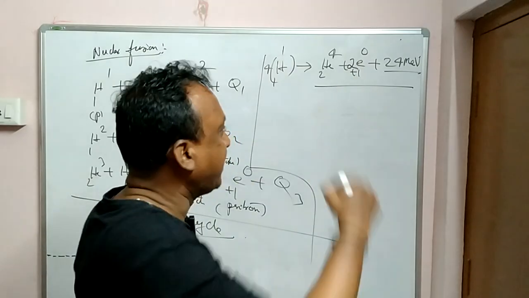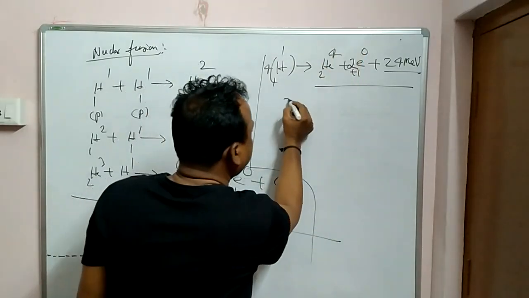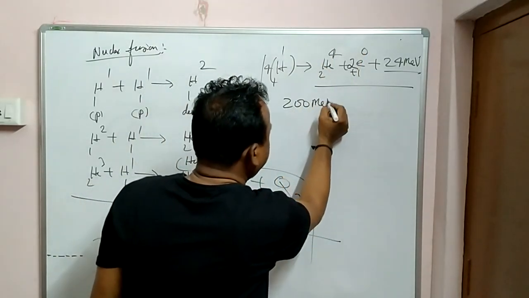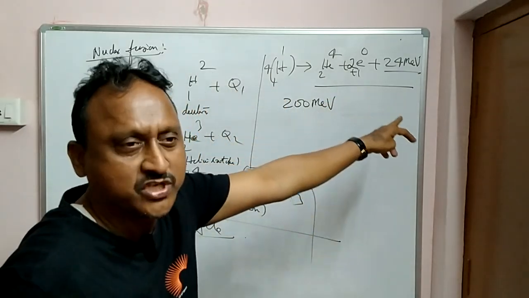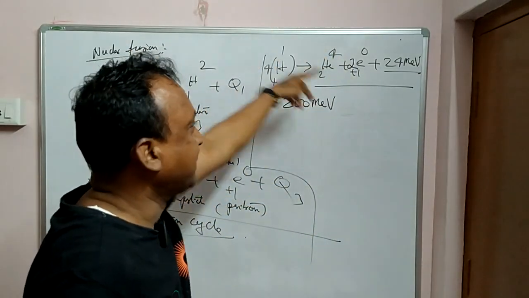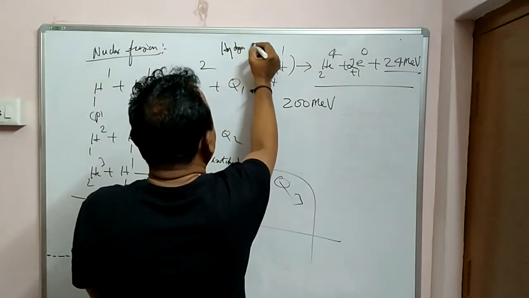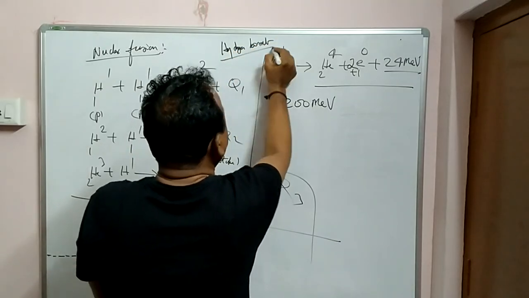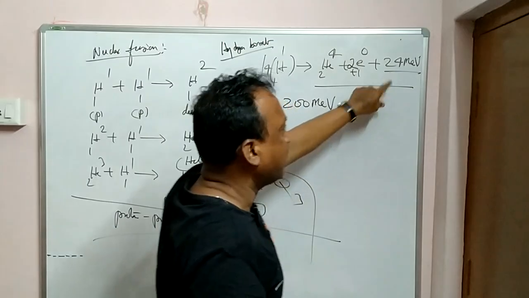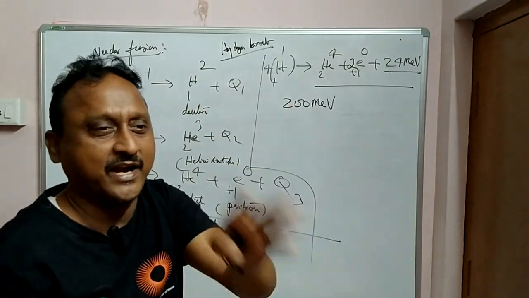Now observe carefully, in nuclear fission, what was the energy released? 200 MeV. That is the atom bomb, and this is the hydrogen bomb example. Here the energy release is 24. So we will compare atom bomb and hydrogen bomb.